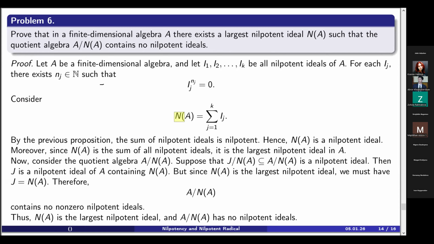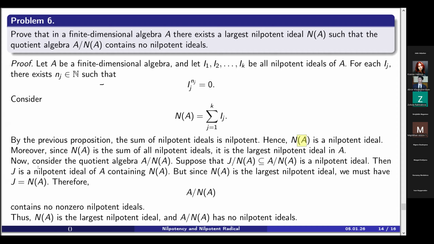Consider N. By the proposition, the sum of nilpotent ideals is again a nilpotent ideal. Hence, N is a nilpotent ideal. Moreover, since N is the sum of all nilpotent ideals, it's the largest nilpotent ideal in A. Okay?